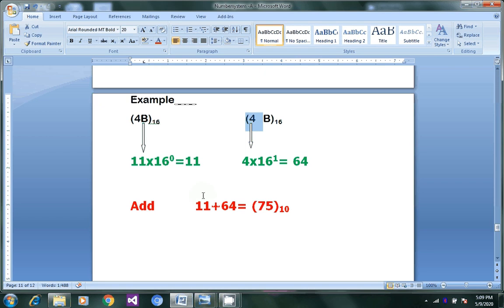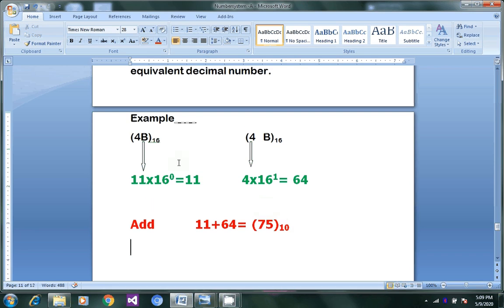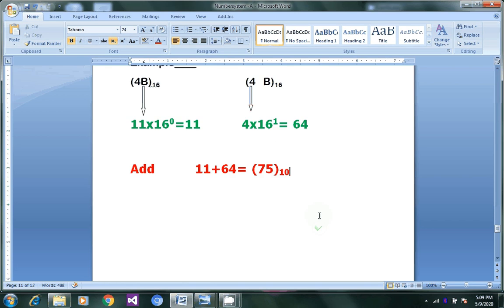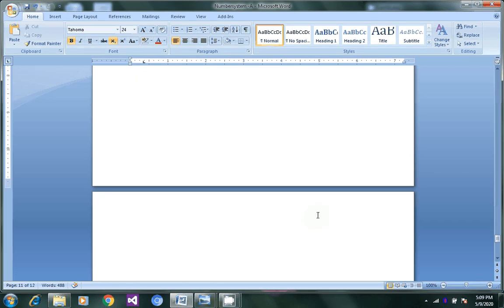When you add these 11 and 64, you get 75, which has base 10. So this hexadecimal number 4B converted to the decimal number system is equivalent to 75. This is all about hexadecimal to decimal conversion.